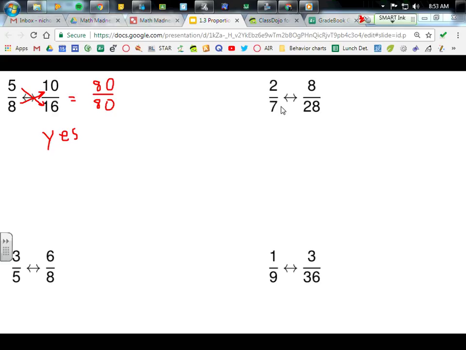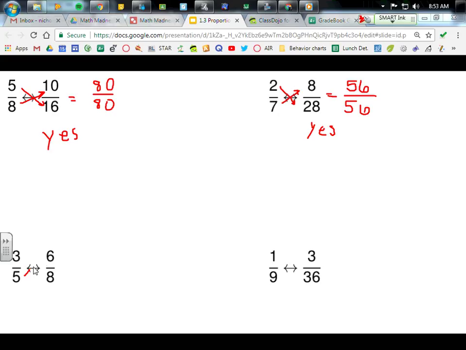Over here, 7 times 8 would come out to 56, and 2 times 28 would also come out to 56. So this is a yes.